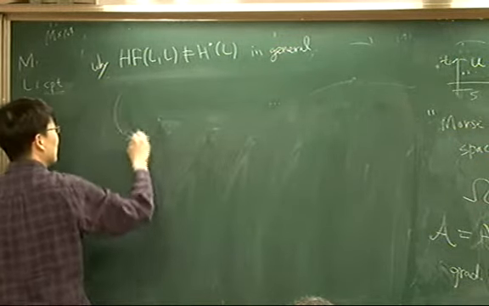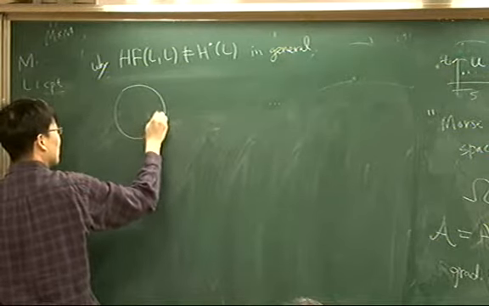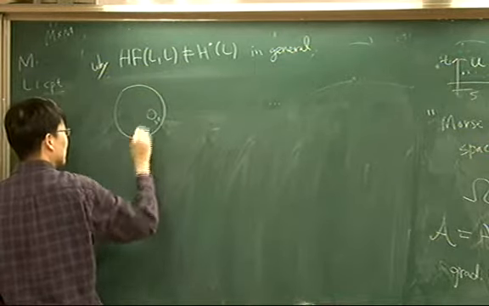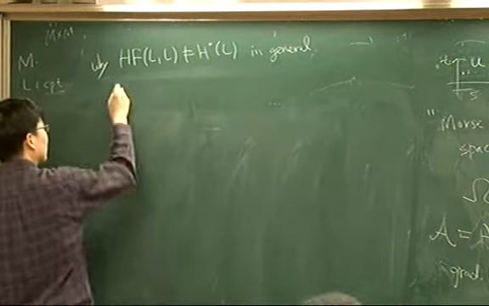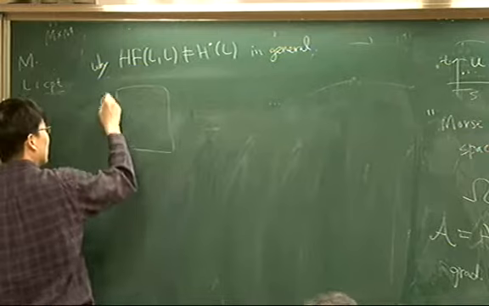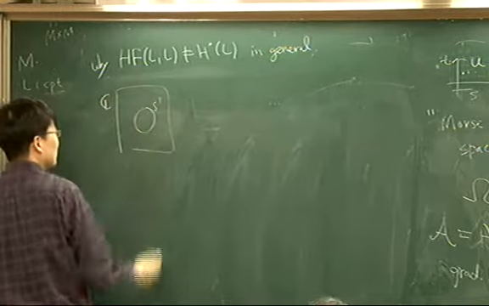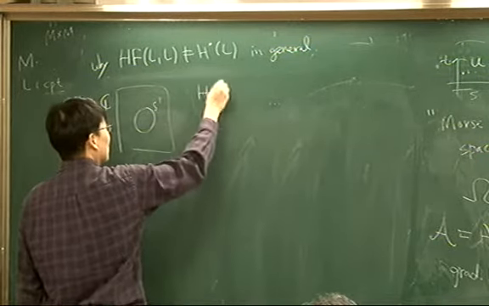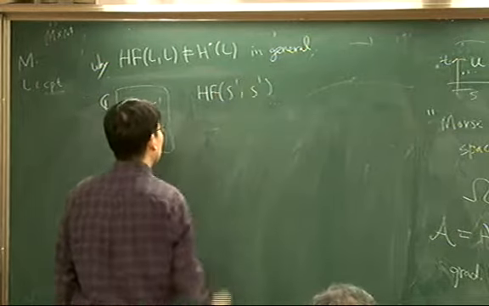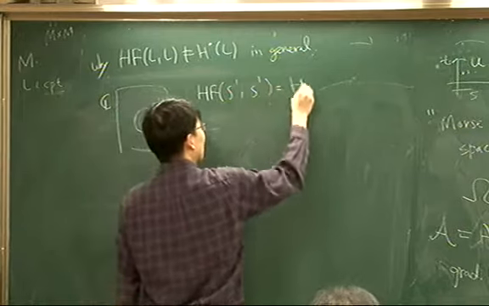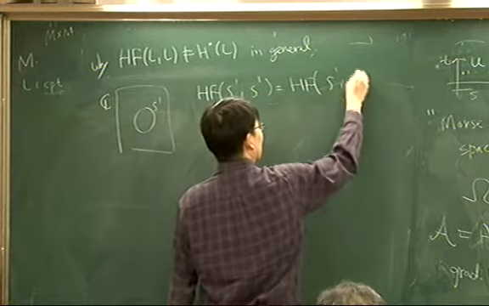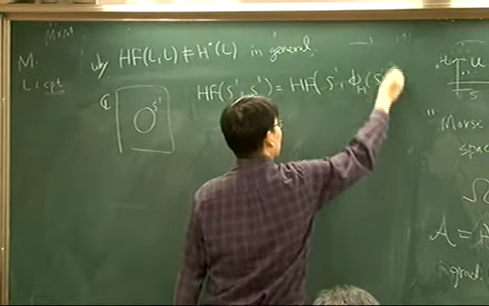This is because, for example, if you have a C and some circle S1, then consider the Floer homology of the circle with the Hamiltonian image of the circle.